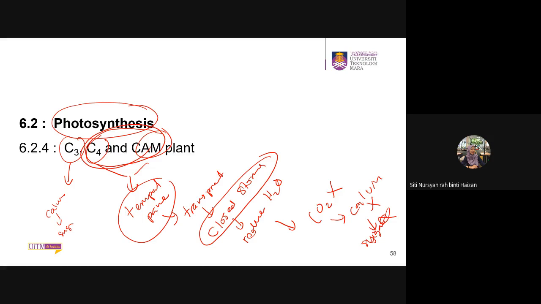Suara tak jelas. Jelas tak? Hello? Putus-putus. Sekejap ya.